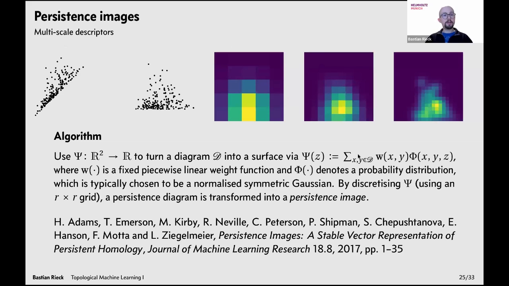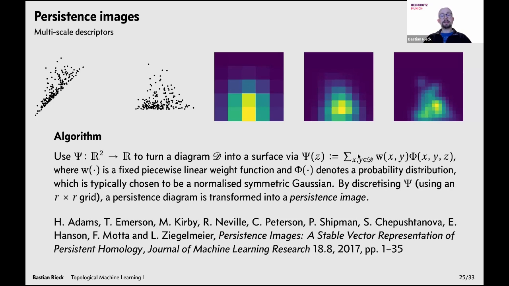Finally, of course, well, I should say finally, no, there's still a couple of minutes left, but the most important and maybe even famous representation and featurization of a persistence diagram is the so-called persistence image. So this is a multi-scale descriptor that works by taking a diagram, projecting it down to the diagonal, and then representing it using a surface at various degrees of coarseness.